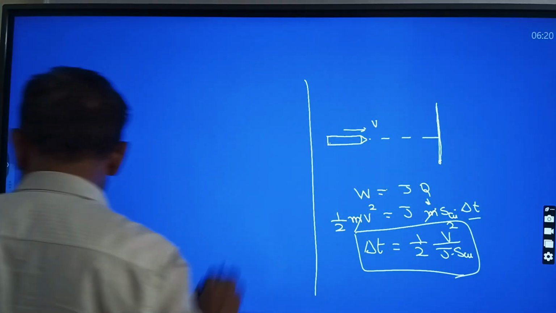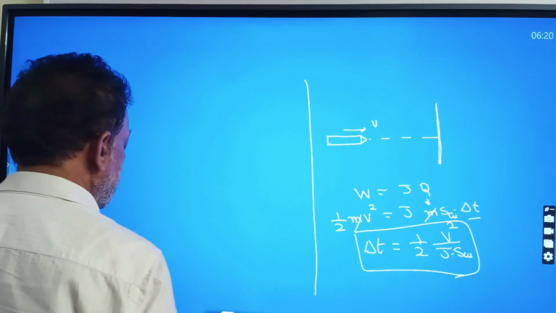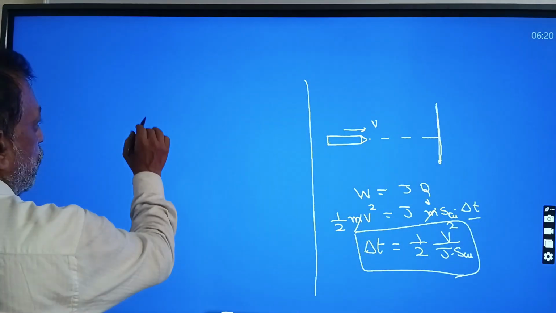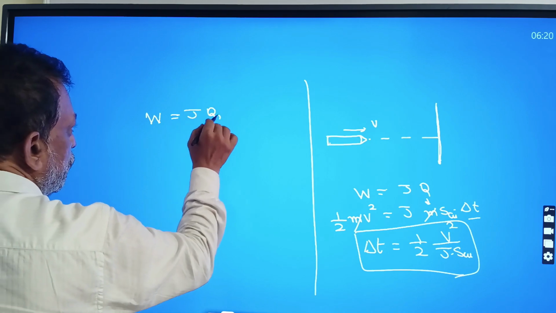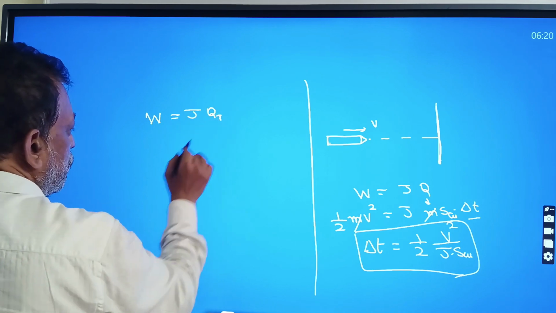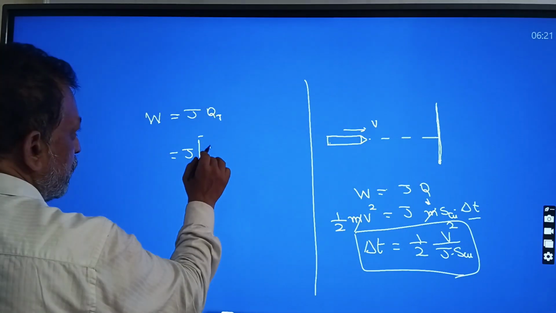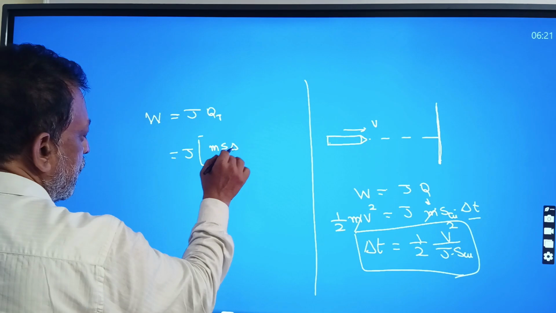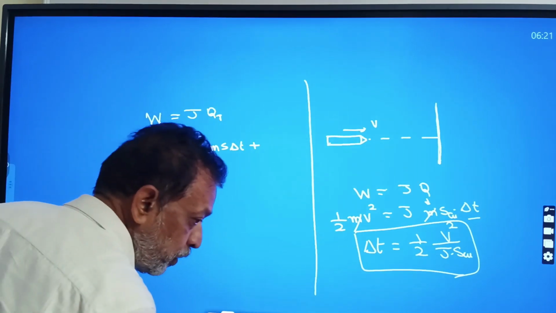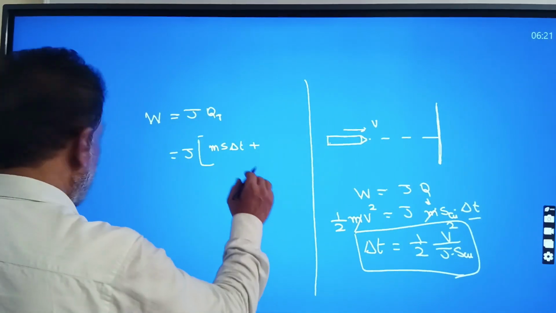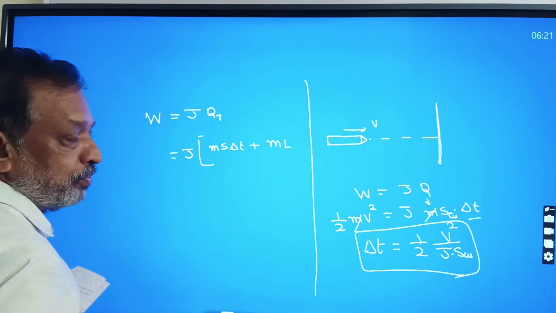What do we say then about the heat or temperature developed? That means W, the work done, is equal to JQ. So J is a constant. Q has m s delta T, the rising temperature, and it changes from solid to liquid, so Q is written in terms of m L.